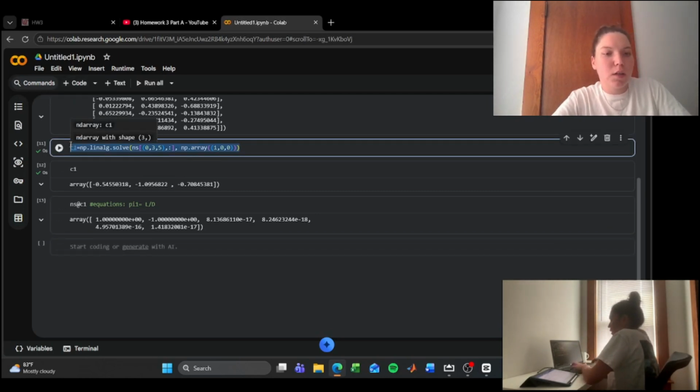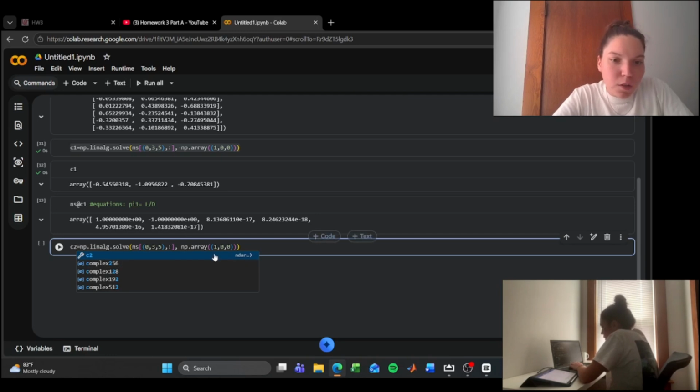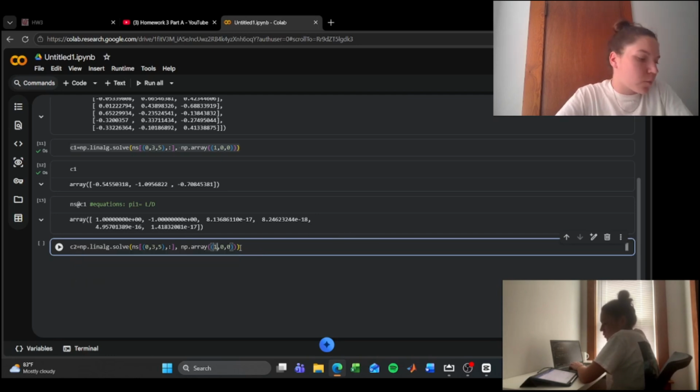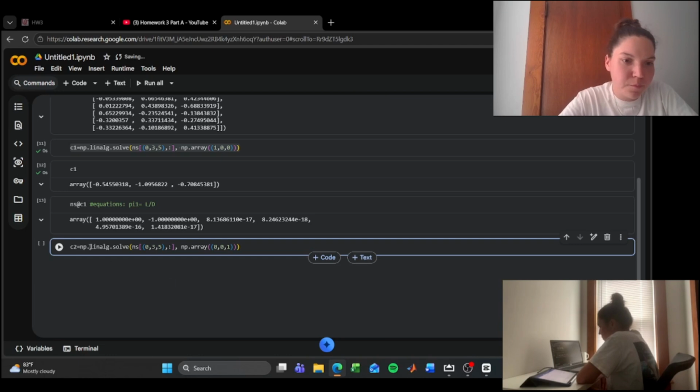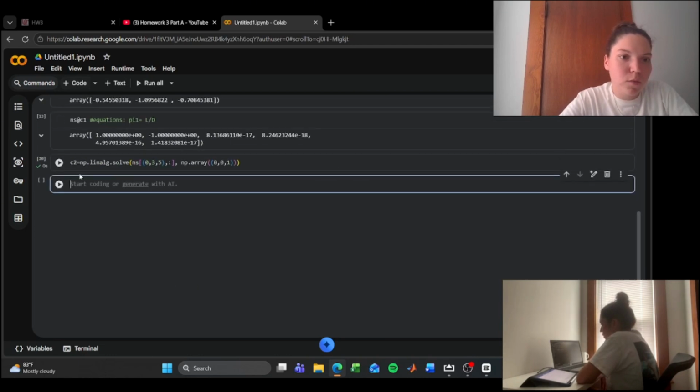Okay, so now let's do C2. It's going to be the same setup here for C2, but instead, going back to our pi equations, we had length to the 0 power. The viscosity was still to 0, and we put pressure to the first power this time. Cool.